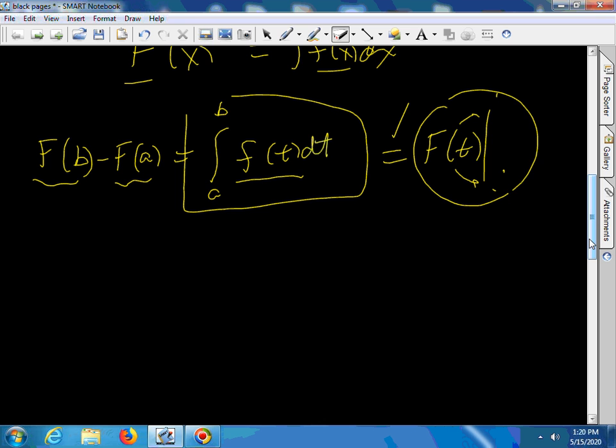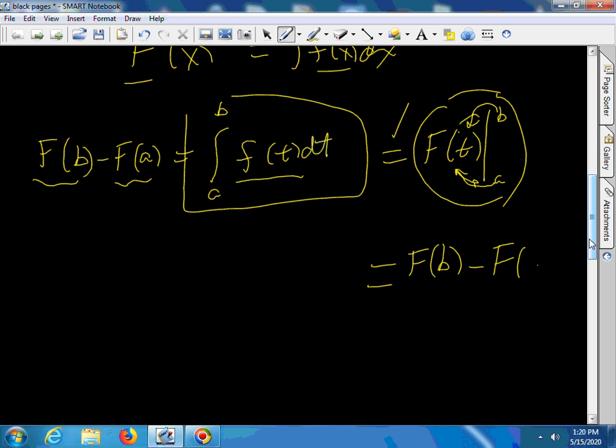But our notation is this, and we want to know if the notation is right. Well, that says first plug in b into big F, minus, and then plug in a. Ooh, we get the same thing. This notation is correct. That finishes this video.